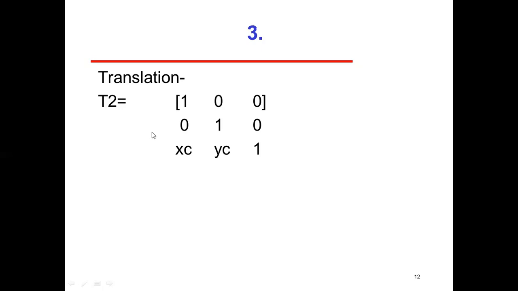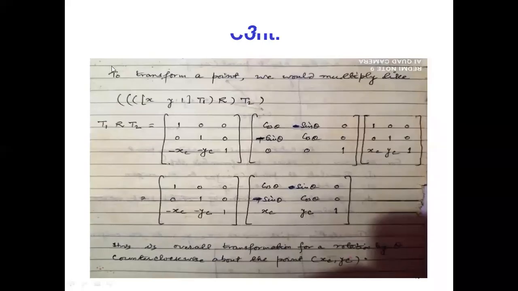So first we do the translation, then rotation, then again translation. We multiply all three transformations: the initial point (x, y, 1), followed by the T1 matrix, then followed by the rotation R, again followed by translation.